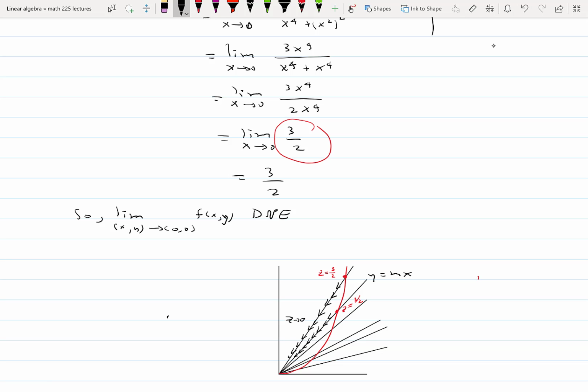I just proved that. Let's jump to the next one. At that next point, z equals 3/2. Along every point on this parabola, along every x and y value on this parabola, the z-value equals 3/2. But if from that point where z equals 3/2, I decide to stay on a line and approach the origin, the z-values approach 0.